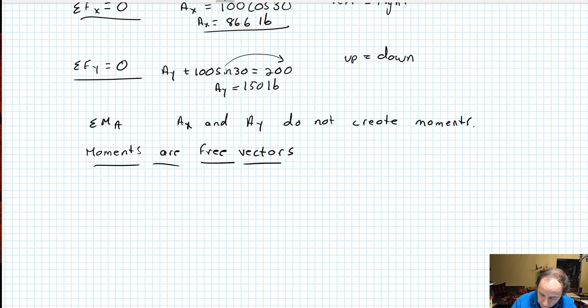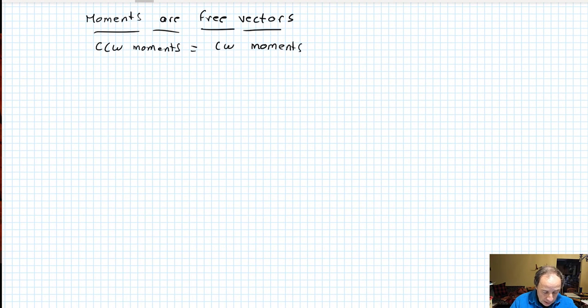So I'm going to do this with counterclockwise moments equals clockwise moments. So counterclockwise, I get M plus 100 sine 30, that's the force, times a moment arm of 4 feet, plus the 300 foot-pounds applied moment.